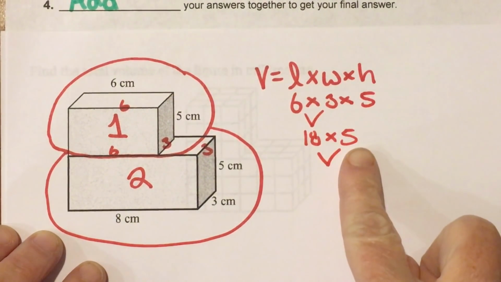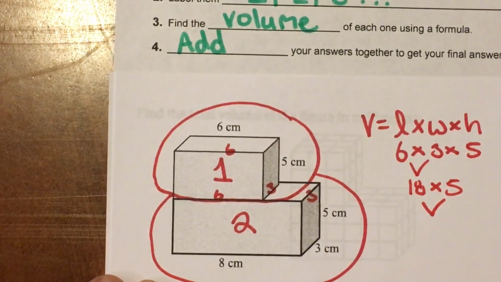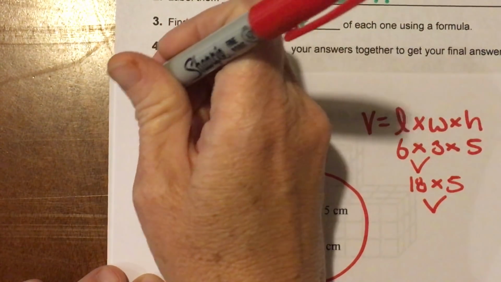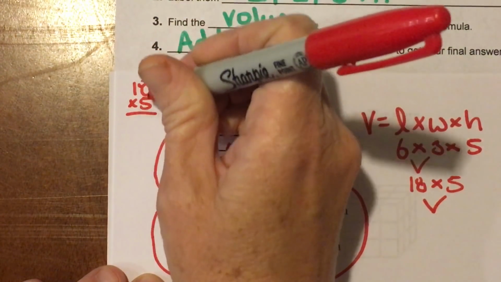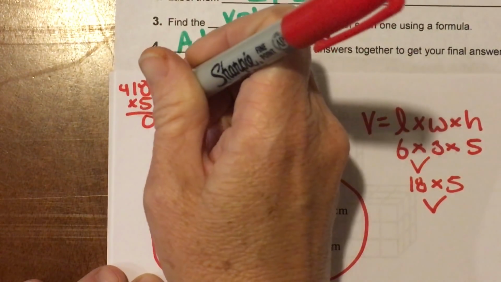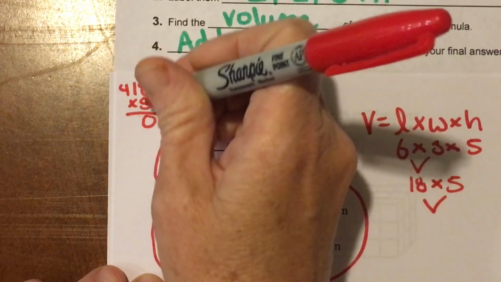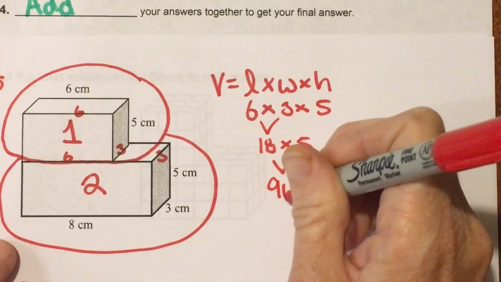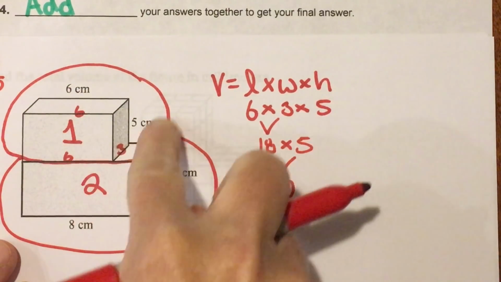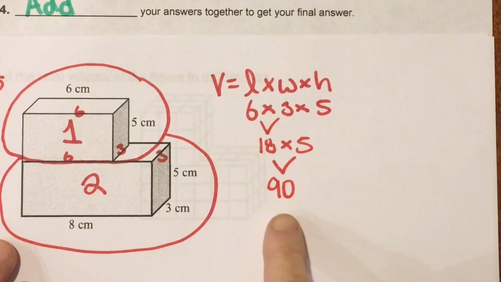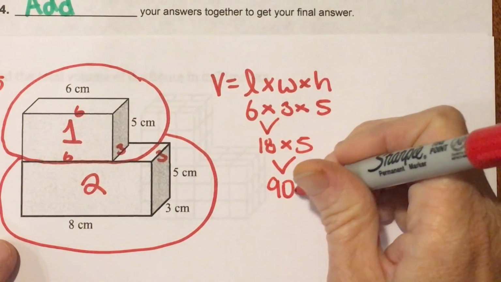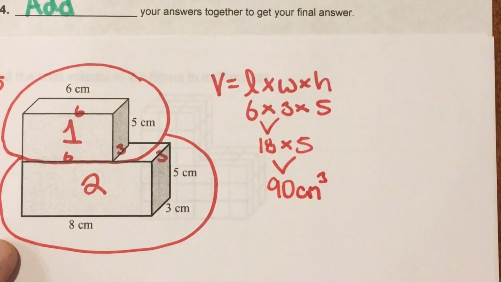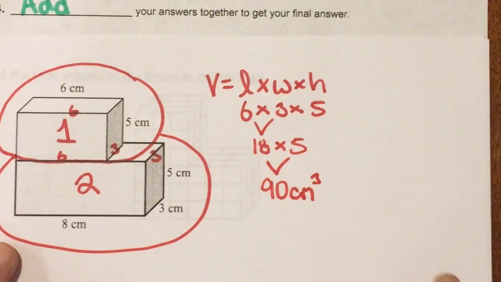If you can't do this in your head, just find some space to do some side work. 5 times 8 is 40, 5 times 1 is 5, plus that 4 is 90. So my first box has a volume of 90 centimeters cubed. That's box 1.